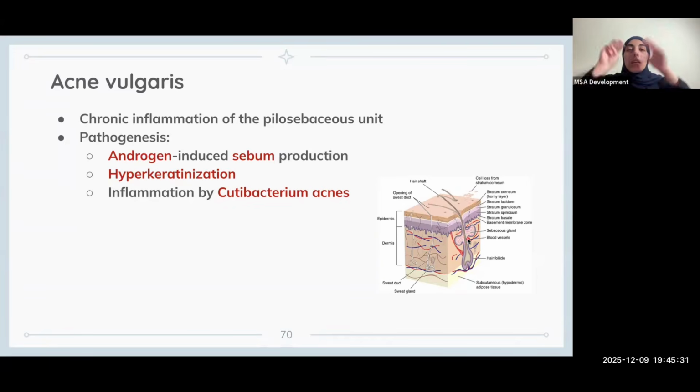And we have three key parts of the pathogenesis of this infection. It's due to 1, keratinization, 2, sebum production, and 3, inflammation by the Cutibacterium acnes bacteria. Okay? So hyperkeratinization is basically when you have a lot of keratin forming, and a lot of keratin being formed is gonna cause a keratin plug that's gonna clog the pore.